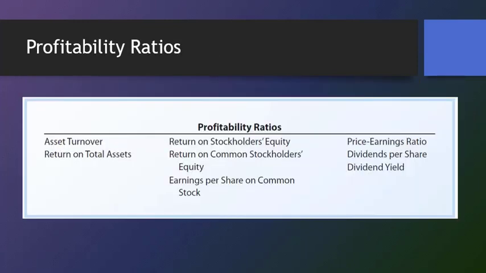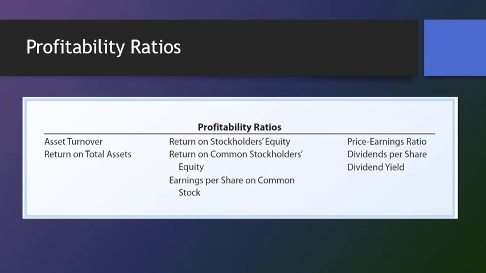Now, while liquidity and solvency focus on the balance sheet, profitability focuses on the income statement. And we're basically focusing on a company's ability to generate earnings based on the capital and resources that are invested in the firm.